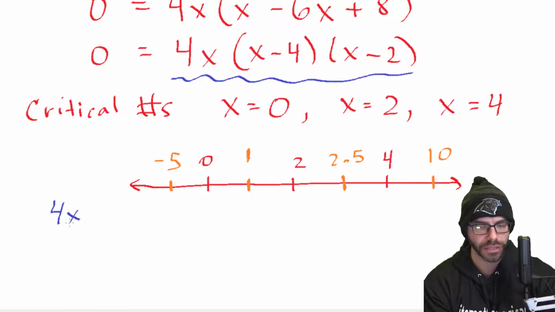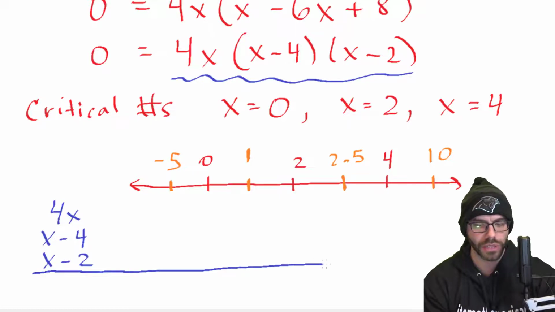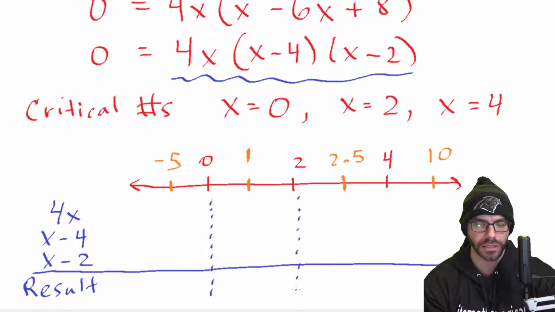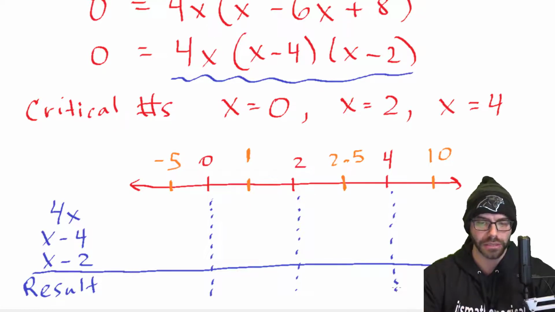So 4x, x minus 4, and x minus 2. And then right below those, I'm going to write the word result. And then at each of these critical numbers, I'm going to make dashed lines to indicate that I have 4 intervals that I'm testing.